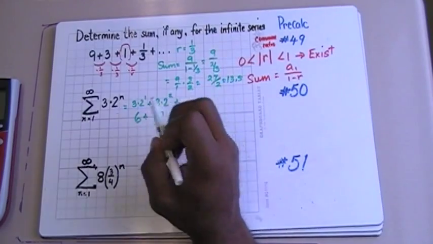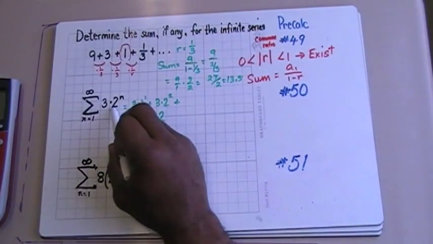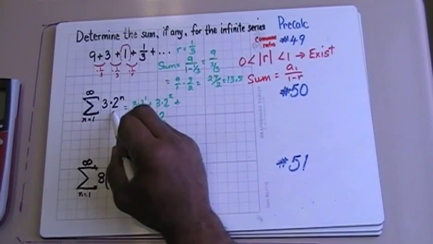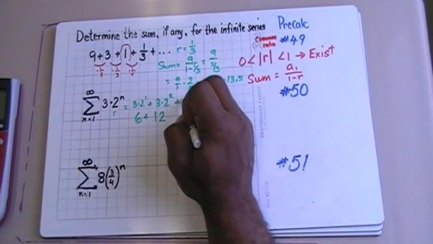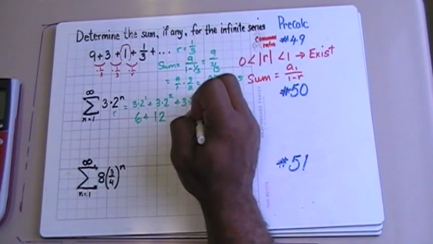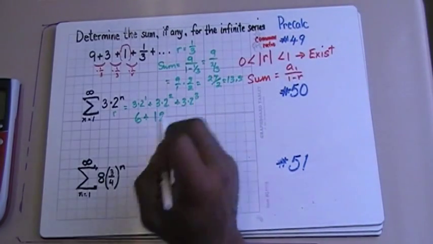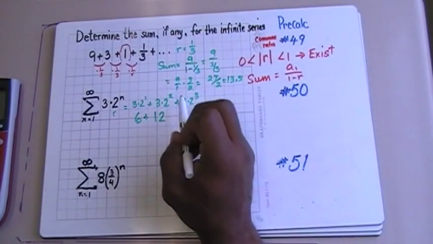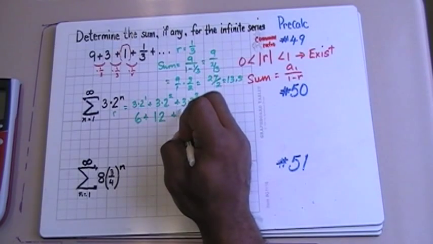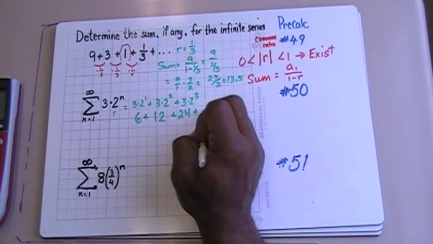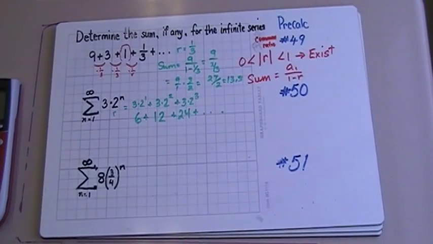I'll do one more and you can see what's going on. You should already know that this value is your r, but just in case you don't know, let's go again. 3 times 2 cubed. 2 cubed is 8. 8 times 3 is 24. So you can see what's going on. Dot, dot, dot.